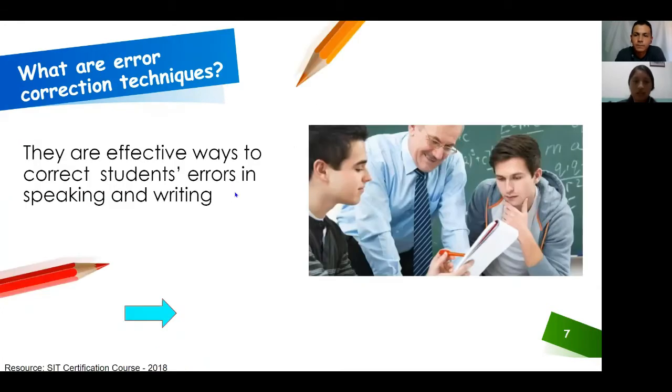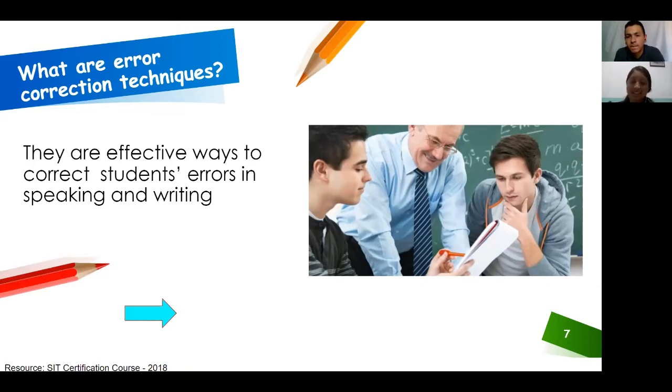First, Danny, I would like to know what error correction techniques are for you. Well, I think that error correction techniques are activities that we do or methodologies that we use to correct students when they make a mistake.